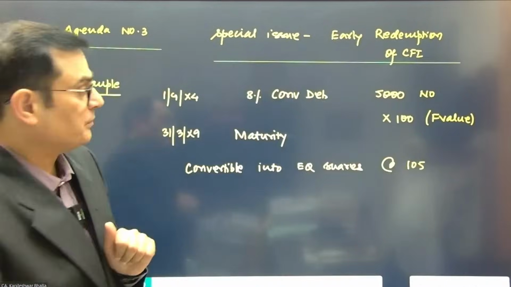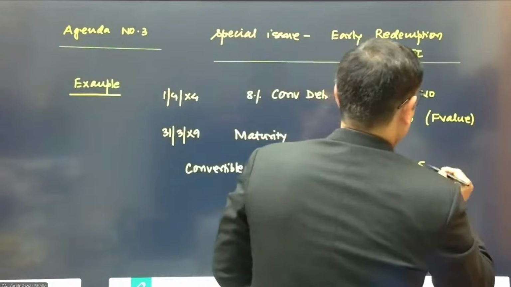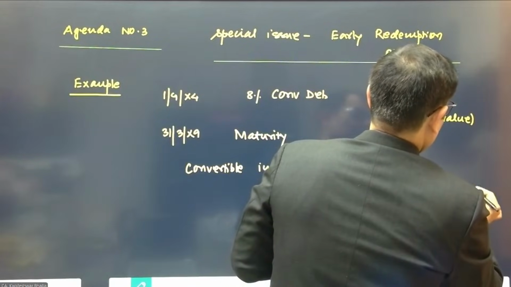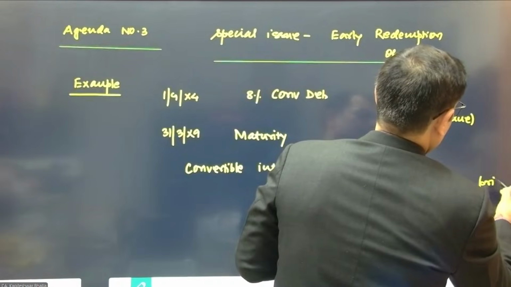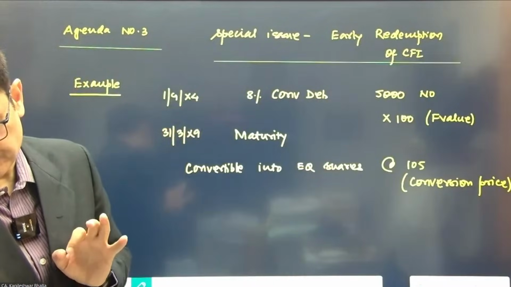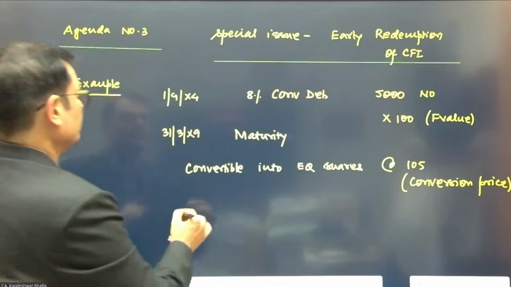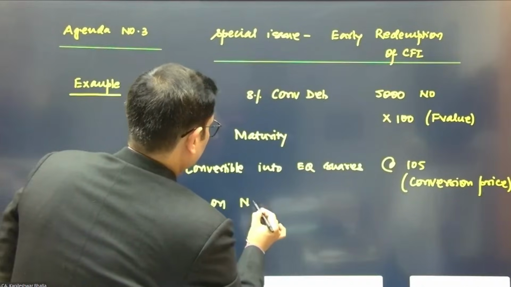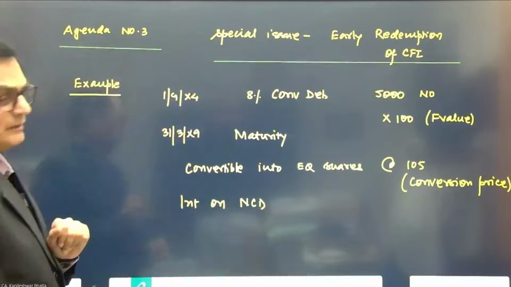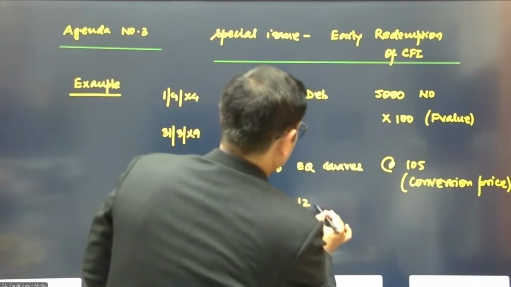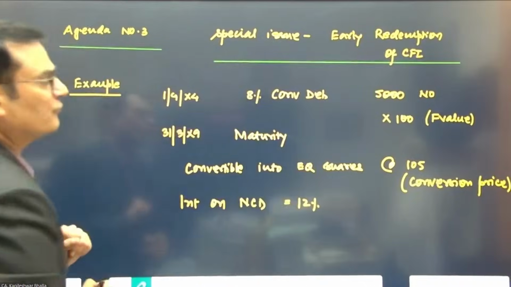So this is the conversion price. The holder is given the option that he can convert this at the rate of 105 per share. Let me also give you the interest on a non-convertible debenture, NCD, let's say to the extent of 12%. This is one part of the data.